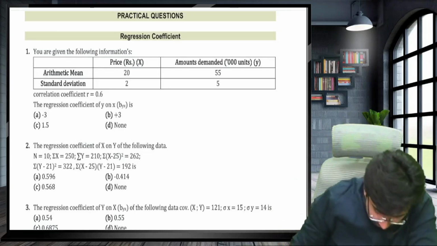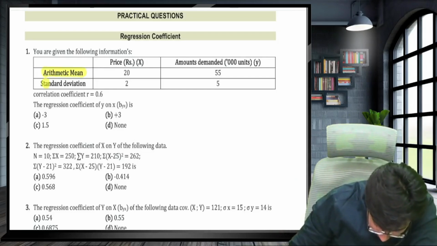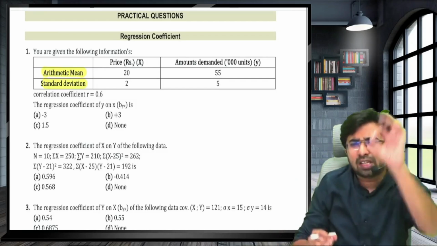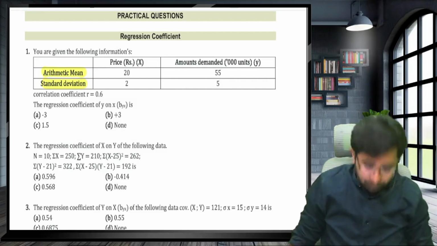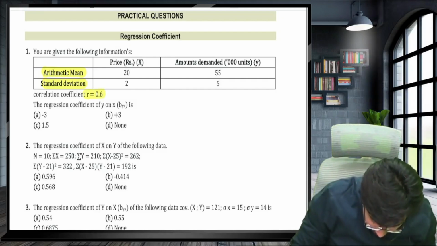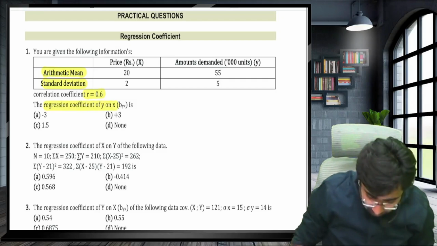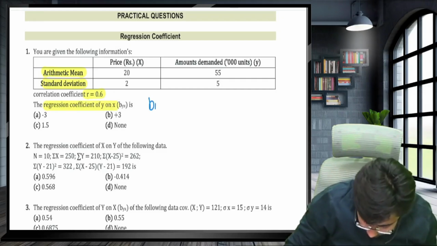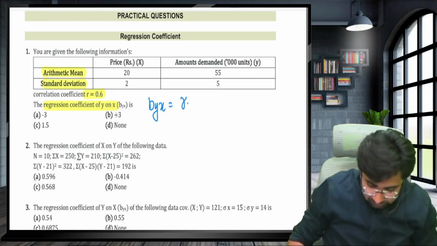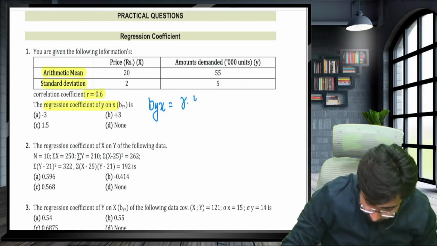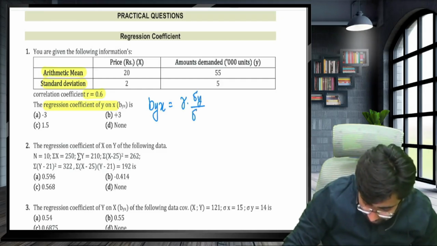Guys, see, you are given the arithmetic mean and standard deviation. We have discussed the same question in the concept handbook. R is given. What is the regression coefficient y on x? Guys, what is b y on x? Which formula to apply? R into standard deviation of y upon sigma x.